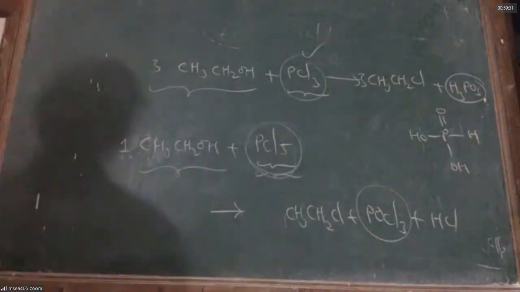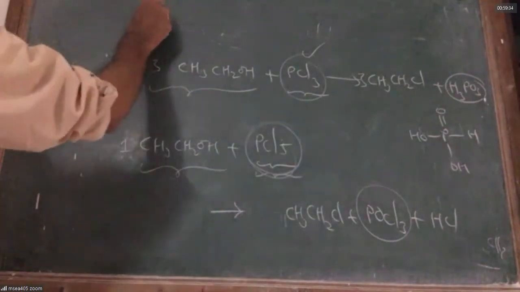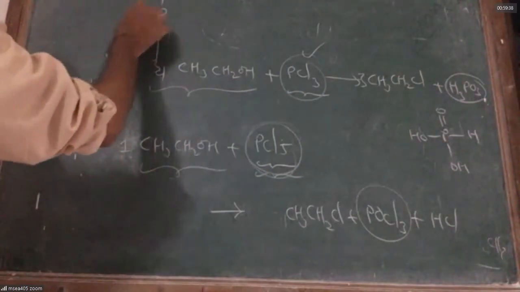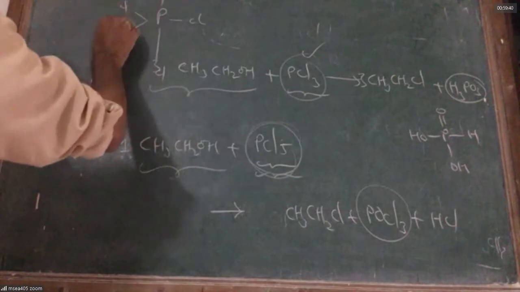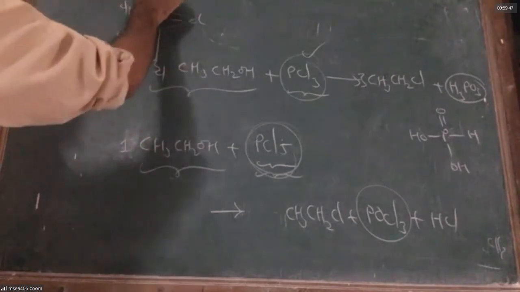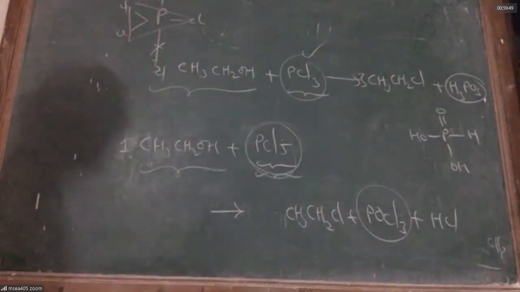In PCl5, there are 2 longer axial bonds and 3 shorter equatorial bonds. The equatorial Cls are strongly held. They don't get involved in reaction easily. Only the 2 axial Cls are involved in reaction.